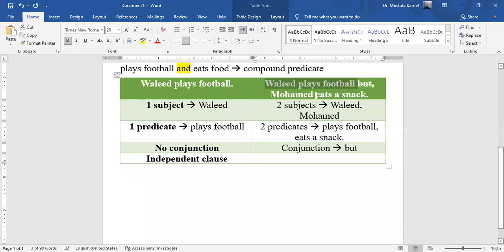Yes. And this one, Muhammad eats a snack. So both can stand alone, right? They both make separate sentences, right? Yes. So do you think they are independent clauses or dependent clauses?